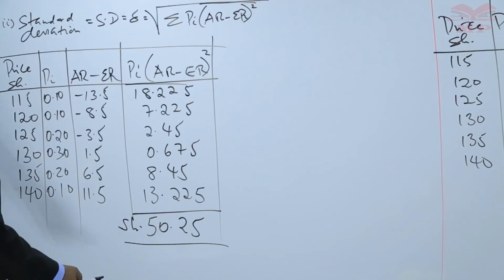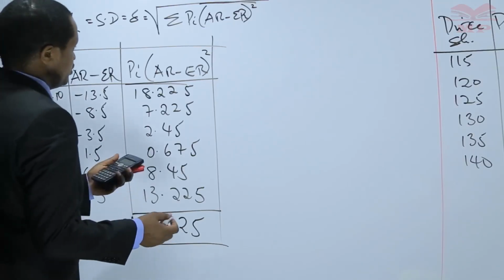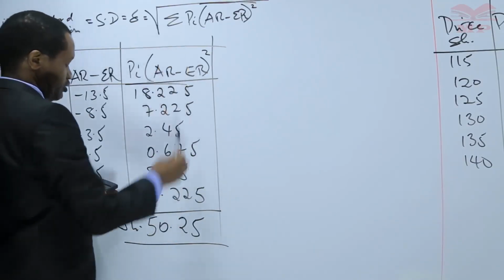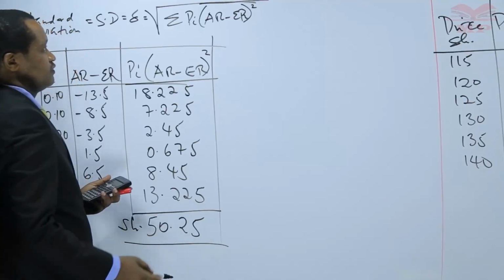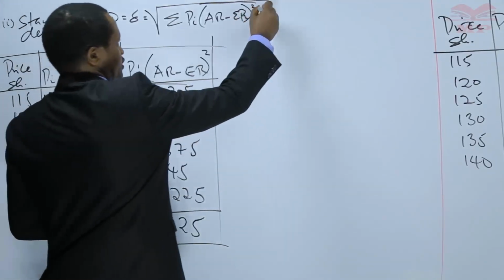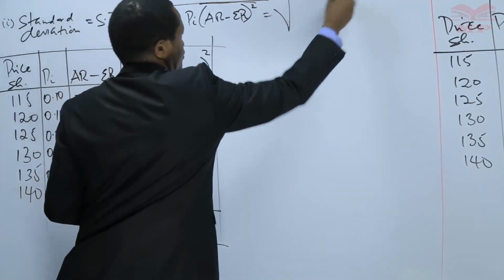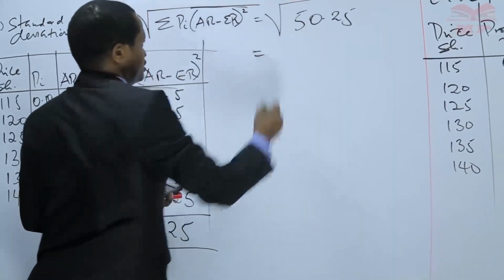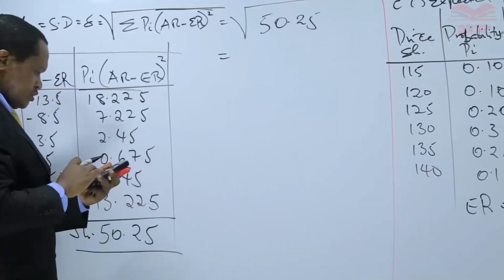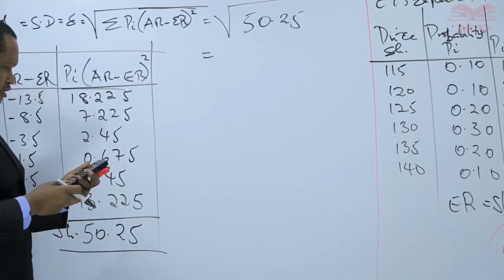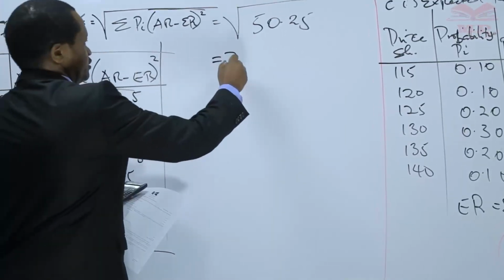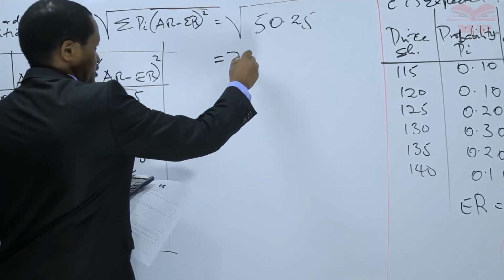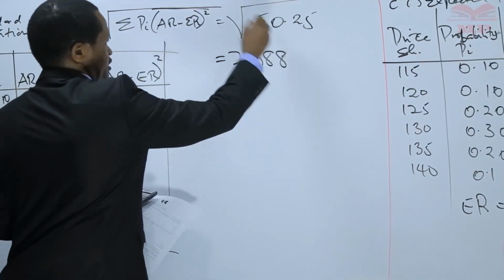So the standard deviation will be the square root of 50.25. Square root of 50.25. This will be equal to, the square root is 7.088.